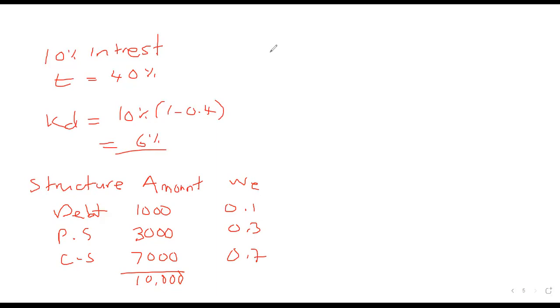Now WACC therefore becomes, as the formula was given, the weight of equity, cost of equity, weight of preferred stock, cost of preferred stock, weight of debt, cost of debt. So what is the weight of common stock? 0.7.